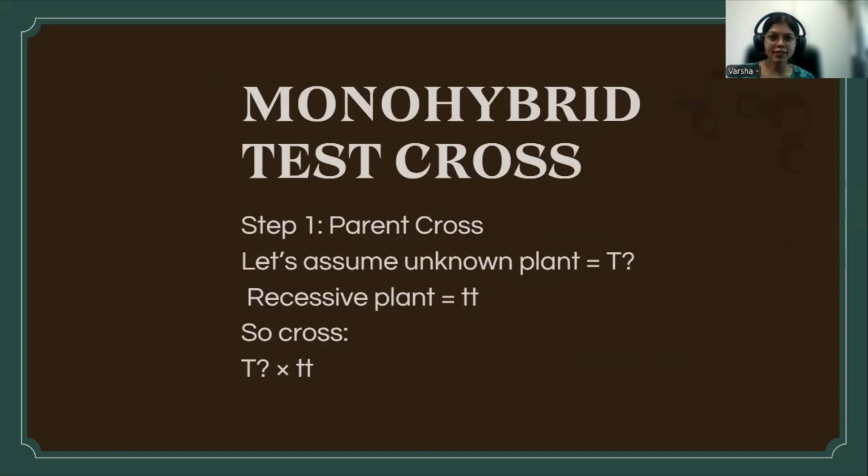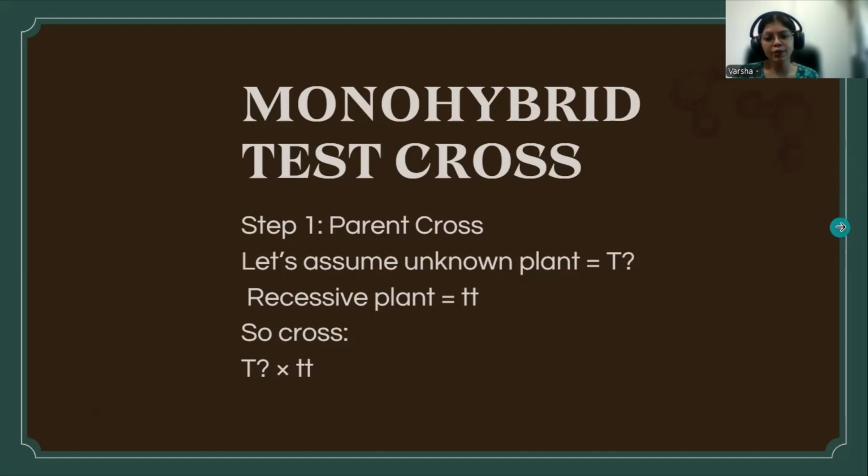So let's start with the first one, which is the monohybrid test cross. In step one, we need parents for the cross. We do not know the genotype of the plant, but we can see it's phenotypically dominant.